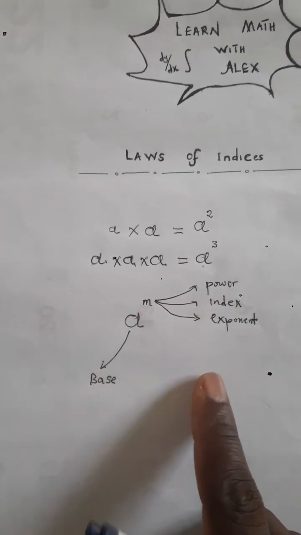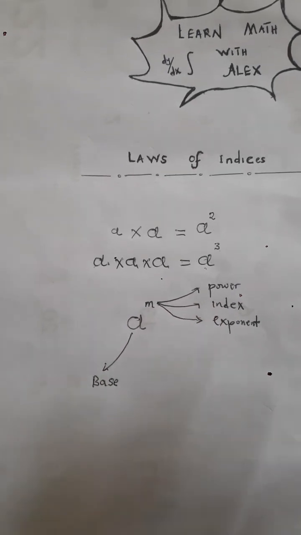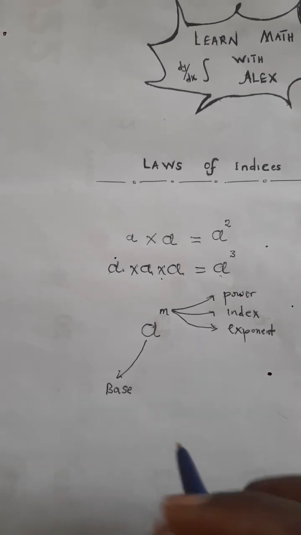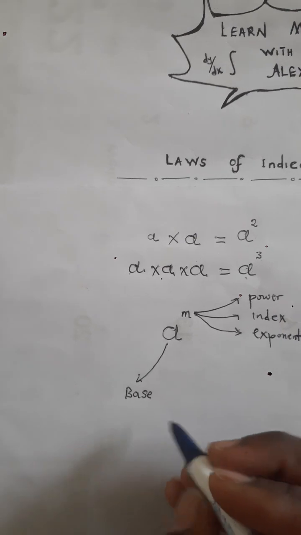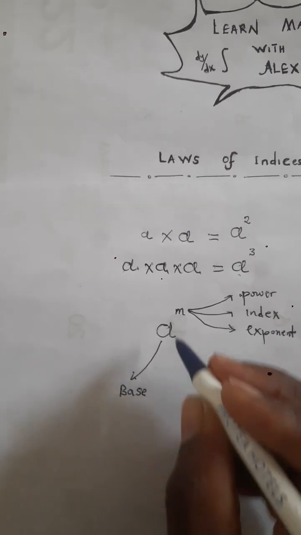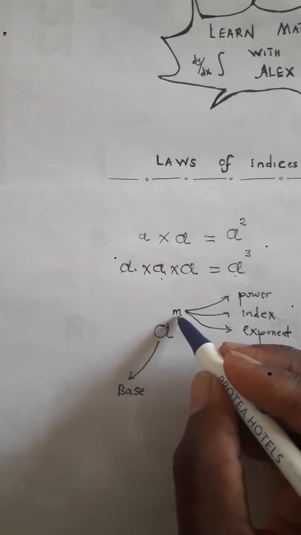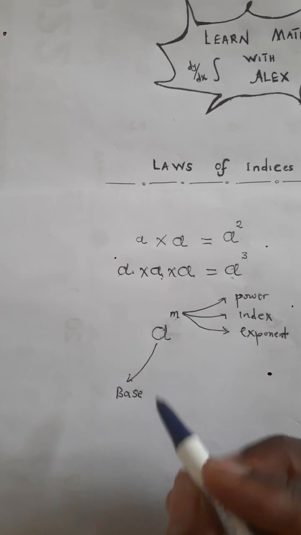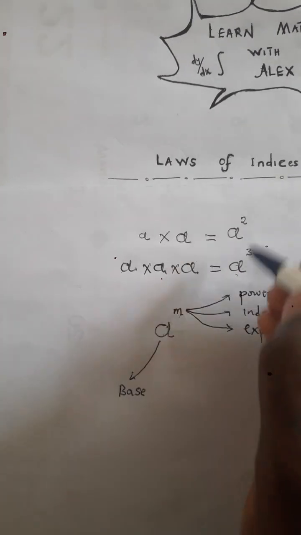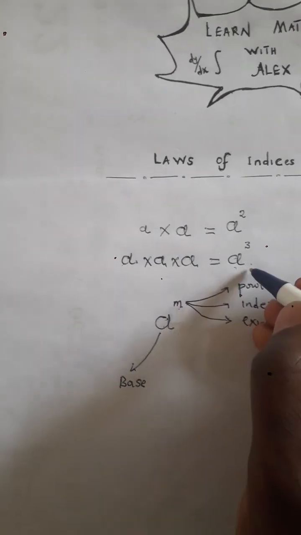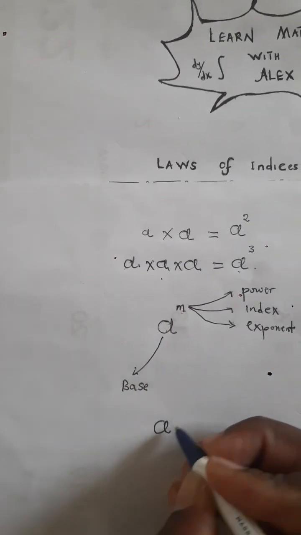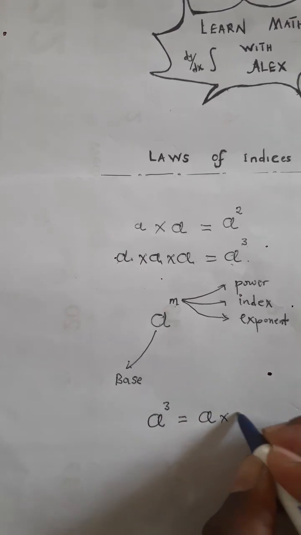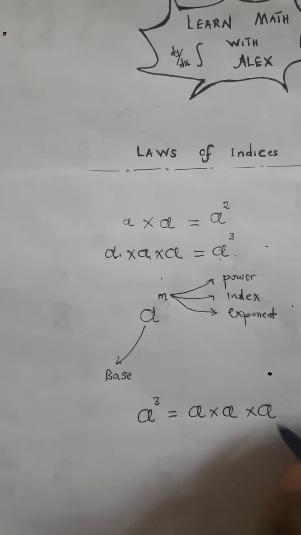So this is one of the examples of indices, a to the power m. Let me take you back to the example that I gave you. We said a to the power 3 is equal to a times a times a.